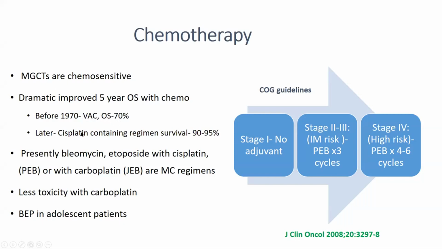But later on, with the development of cisplatin containing regimens, survival has improved from 70% to approximately 90%. So currently, bleomycin, etoposide, and cisplatin or carboplatin are the most common regimens used for treatment of germ cell tumor. Carboplatin has also been used, which is less toxic.